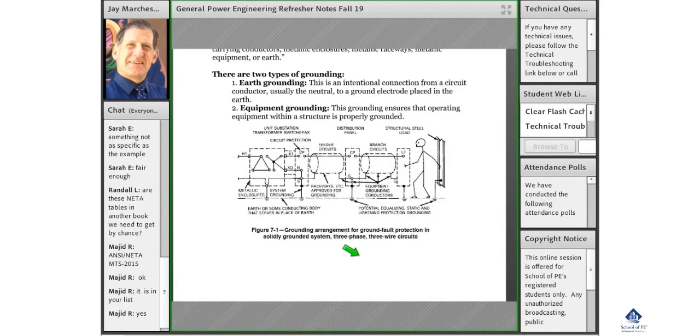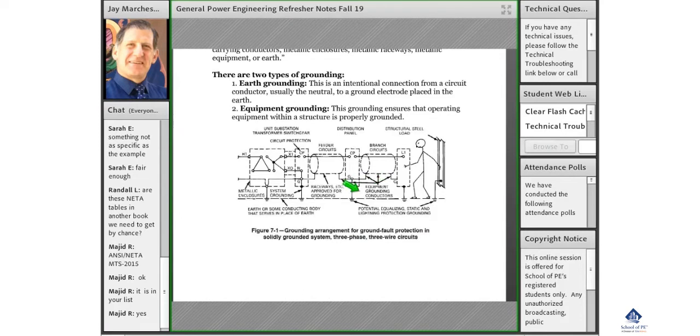Here's just a little illustration of a little stick man who's in the vicinity of some electrical equipment. And so here you have the non-current carrying conductors, in that this might be a conduit or something like that, or a raceway.